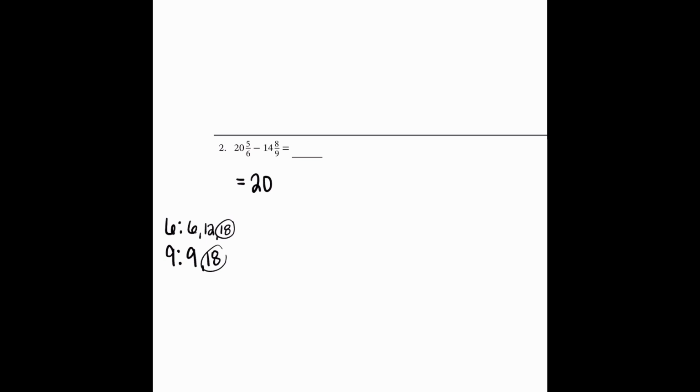So I'm going to choose 18. Okay, to get from 6 to 18, I need to multiply by 3. So therefore, I need to do the same thing to the top. All right. To get from 9 to 18, I need to multiply by 2. So I will have 14 16/18.